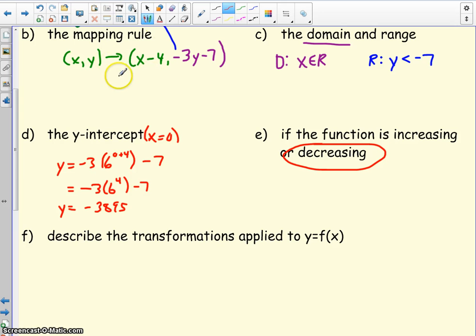Okay, to describe our transformations, again, going back to Unit 1, we're going to look back to our mapping rule here. So if we want to start with the x value, we're going to have a transformation going left 4. Okay, looking at the y values, first thing that happens, we multiply by negative 3, so that does two things. Okay, first thing it does, it's a reflection in the x-axis.